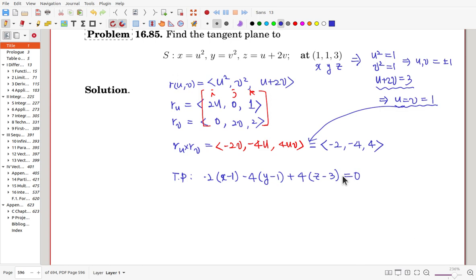You can simplify if you want, or you can finalize it this way, so no problem.